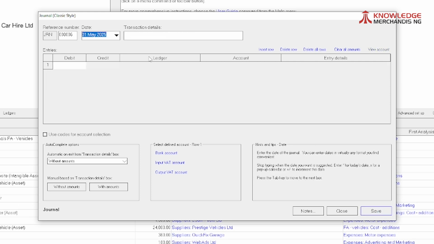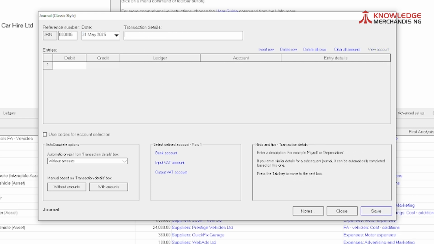Next one, depreciation journal, computer equipment, 180 pounds. Right, 180 pounds.